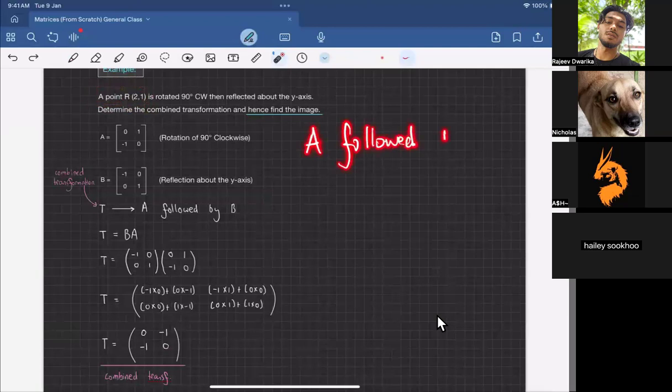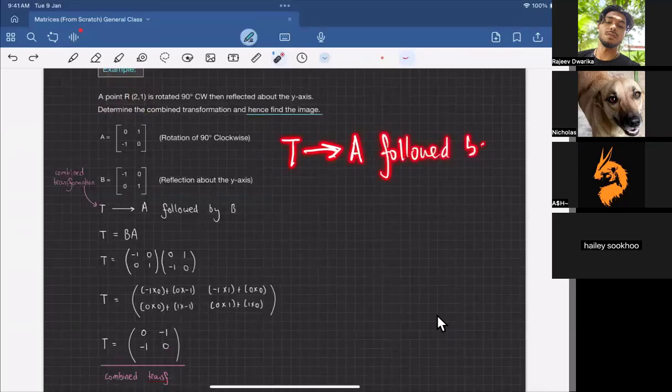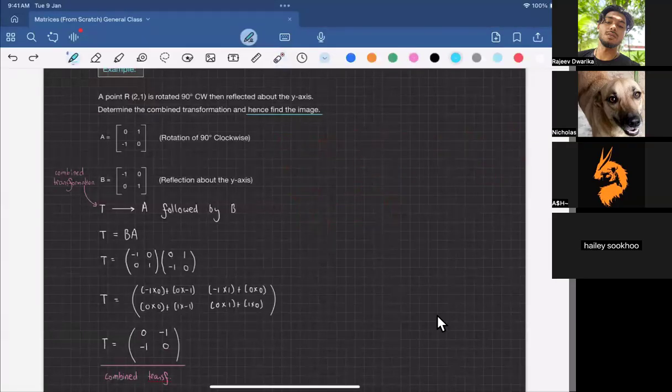B. So you would say the combined transformation T is A followed by B, and if you want to find that, you would say B by A. You wouldn't say A by B. That's a mistake plenty of people make. It's actually B multiplied by A. If you say A by B, you'll get a different answer. So I'll make a note about that as well.